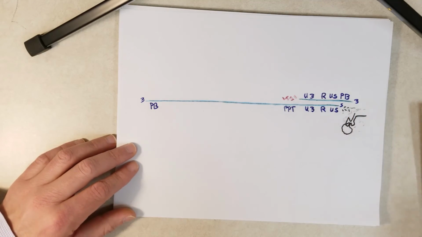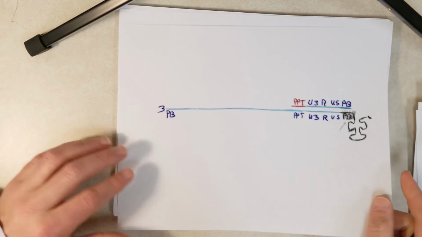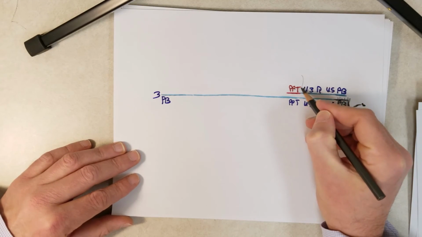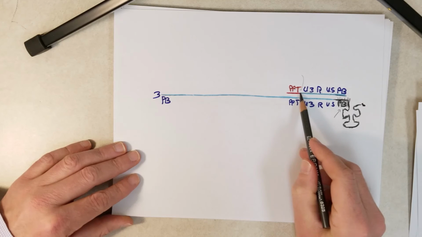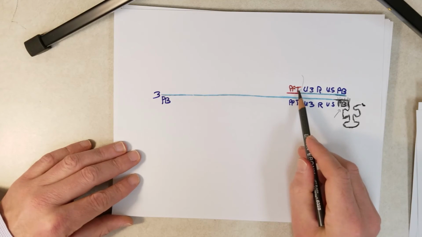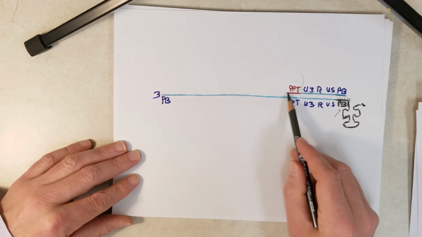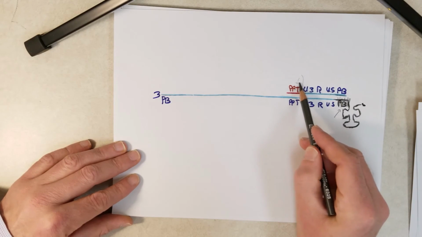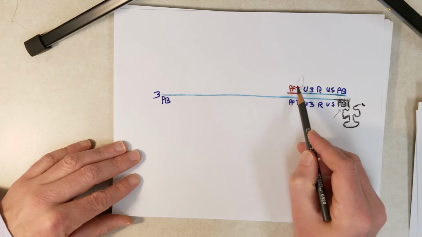What I wanted to point out is that researchers are still trying to figure out why, after this PPT right here, which the RNase H activity of reverse transcriptase was initially unable to degrade, after it's used as a primer, it finally becomes susceptible to degradation.